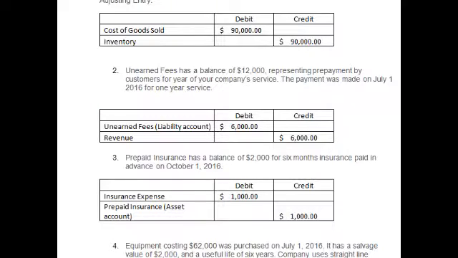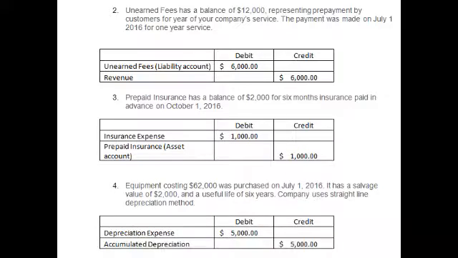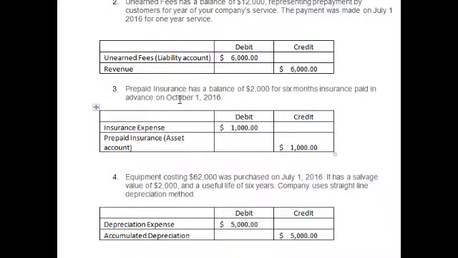The next item is about prepaid insurance. Whenever you see an account name that starts with prepaid, that means it's an asset account. We have paid another company in advance. In this case, our company paid an insurance company a certain amount in advance.